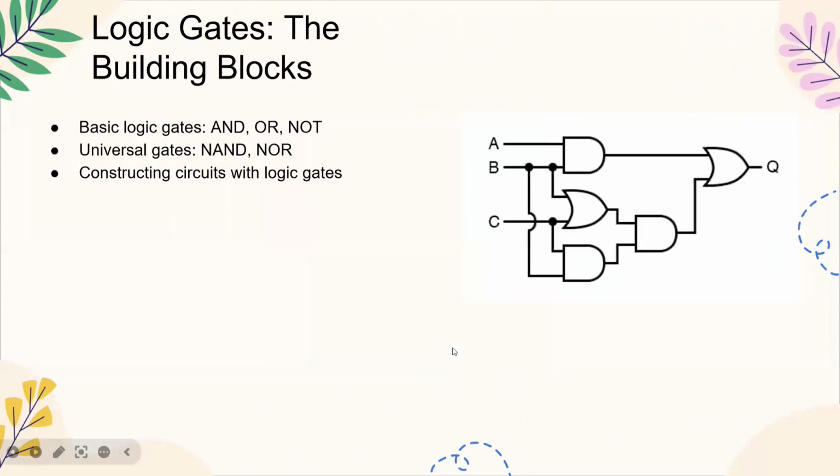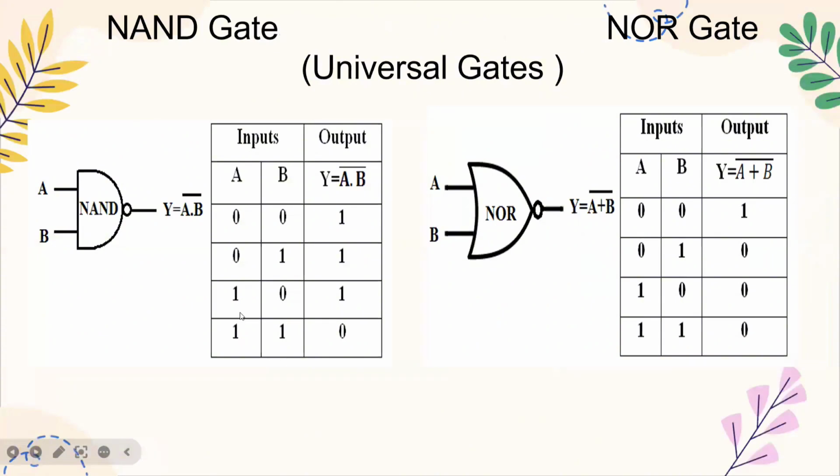Next, we are going to see the NAND gate. A NAND gate is an AND gate followed by an inverter. It produces the output that is the complement of the AND gate. These are the input combinations. When both the inputs are 1, the output is 0.